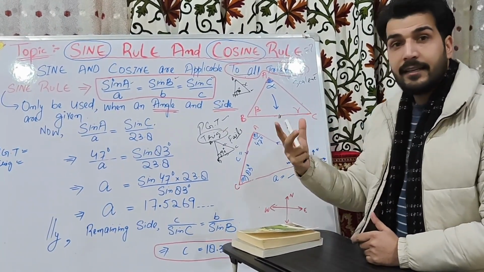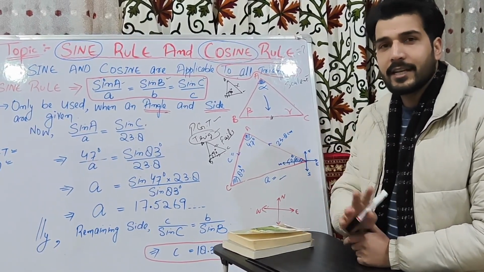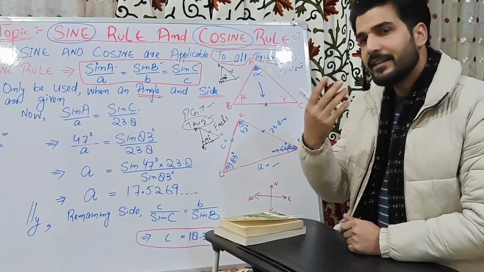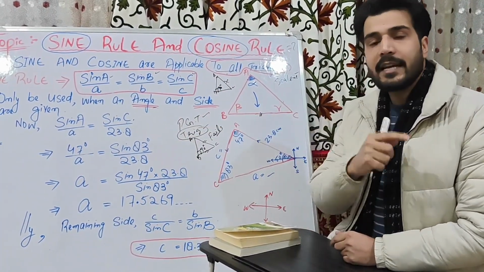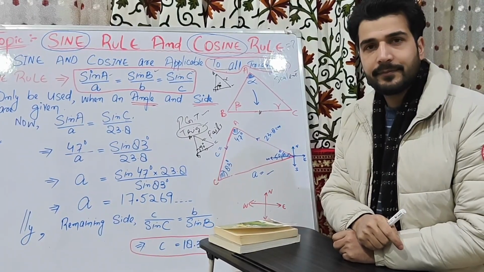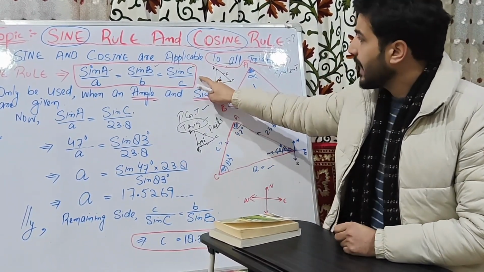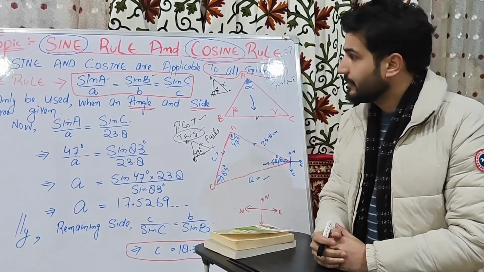It is any type of triangle, whether it is scalene, right angle triangle, isosceles triangle, obtuse angle triangle, right? This sine rule is applicable to any type of triangle, not only for right angle triangles.